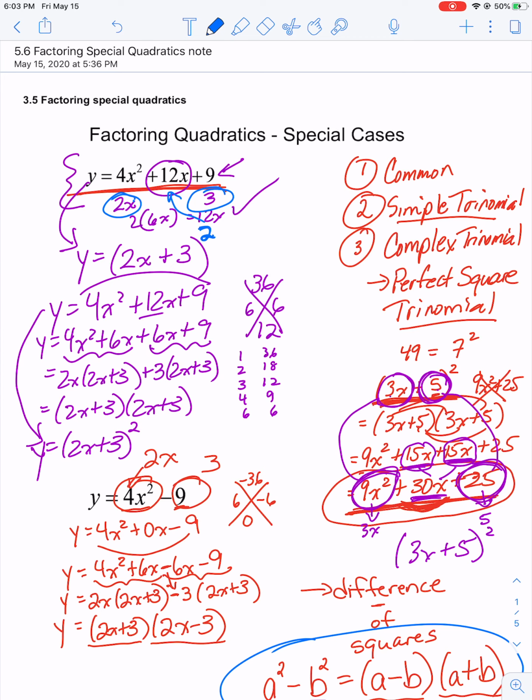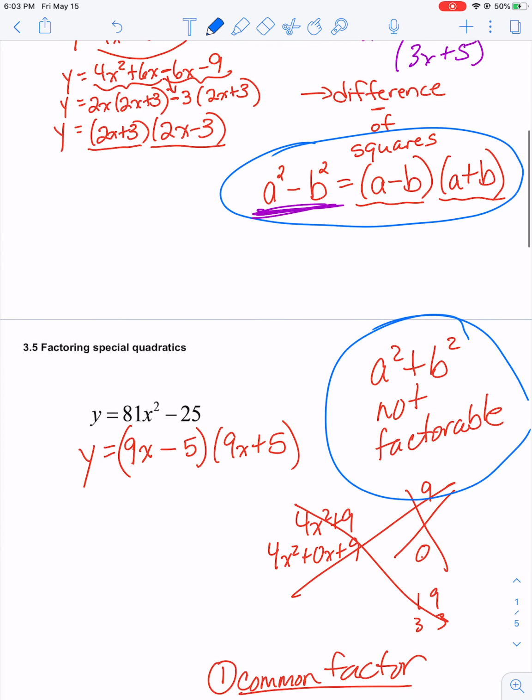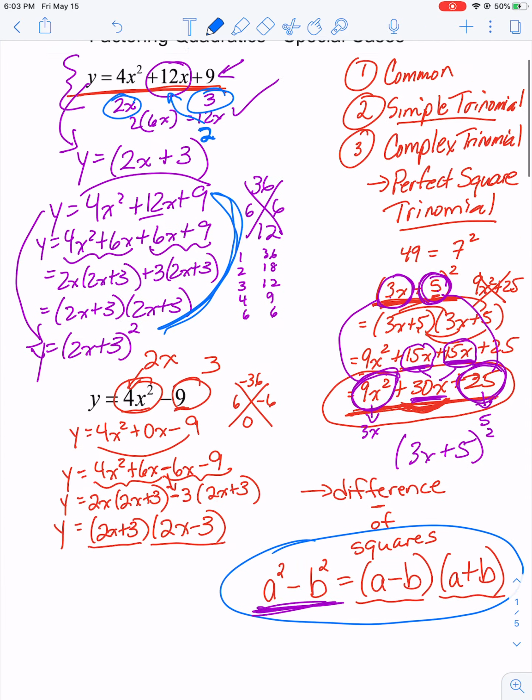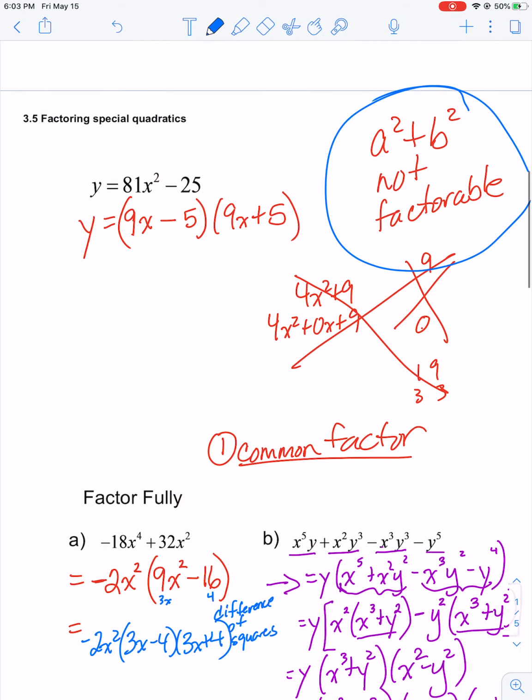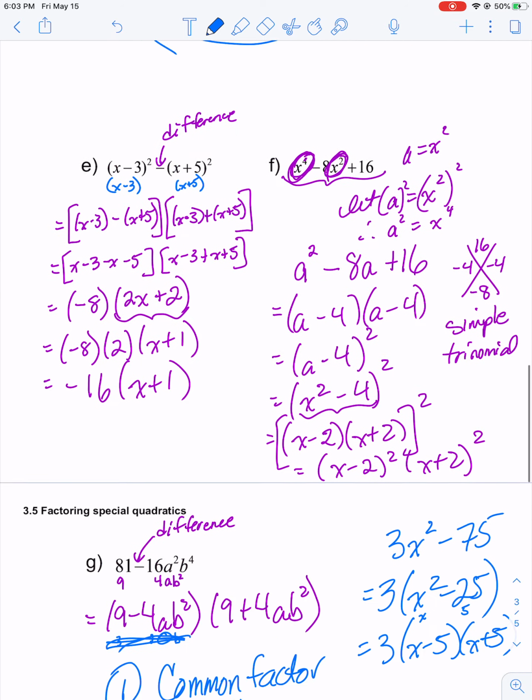So if that's the case, then that makes it easy for factoring. Otherwise, you can go through the whole complex trinomial factoring of it. You'll probably notice as you go, oh, this was a perfect square trinomial because when you break up that middle term and it breaks up into the exact same two numbers, not the opposite of each other, then you definitely have a perfect square trinomial.